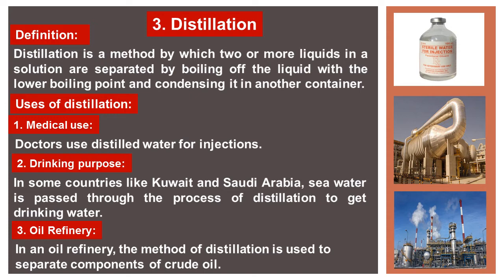For example, we have kerosene, we have coal tar, we have gasoline, we have different organic compounds, aromatic compounds in the crude oil, and crude oil is a complex mixture of different organic compounds, and these components of the crude oil will be separated in the oil refineries by the process of fractional distillation.